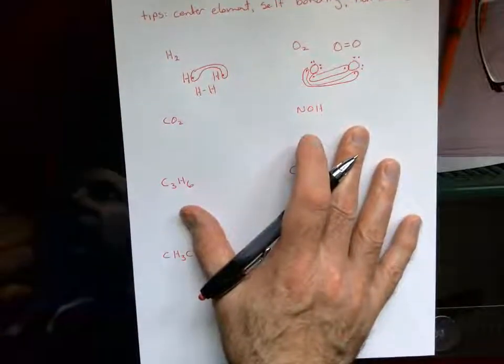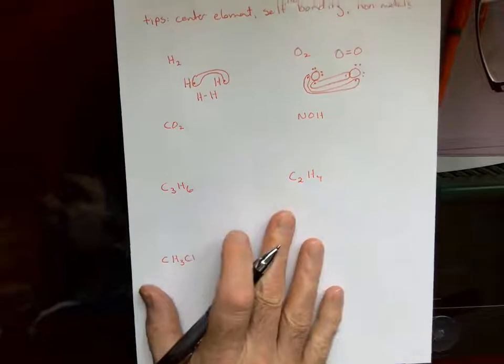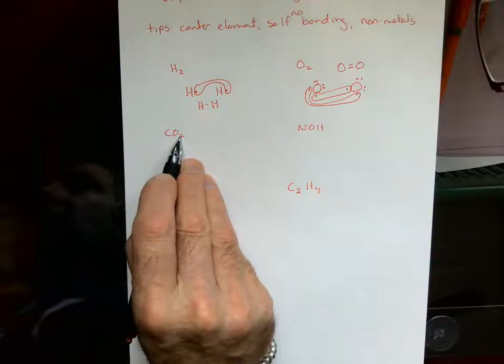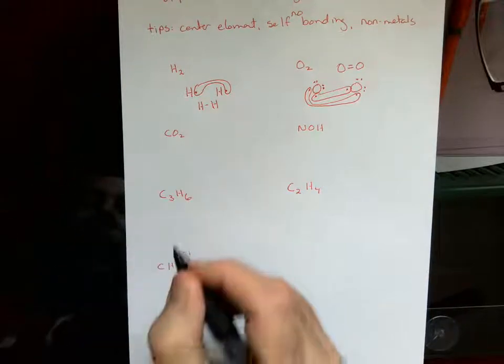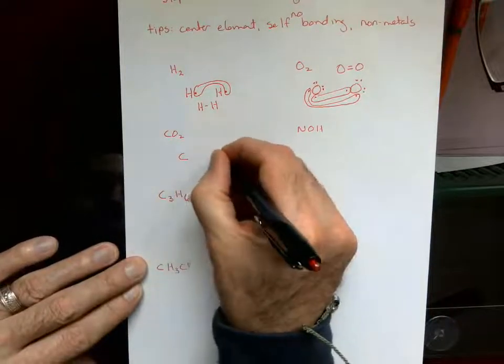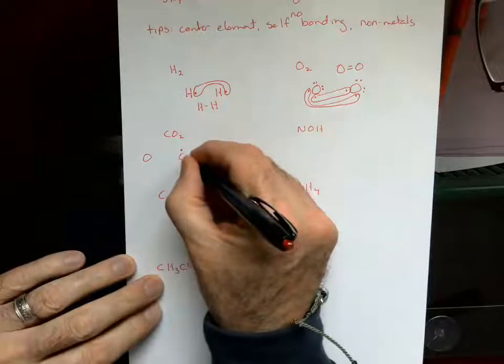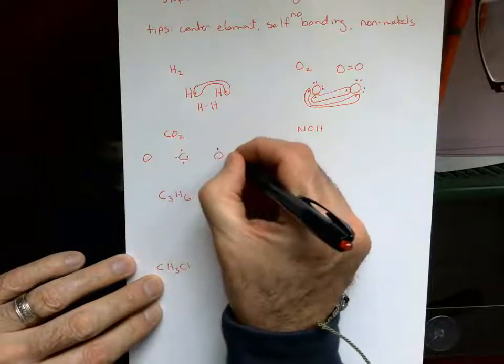Now when you're doing this, which element goes in the middle? Well, it's the element you have the least of. So if you have 2 oxygens and you have 1 carbon, the carbon goes in the middle. It doesn't really matter. So if you mess this one up, you'll still get the right answer if you do the following. Lewis dot diagrams.